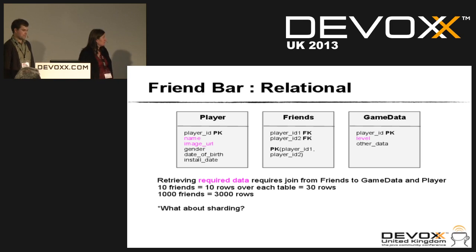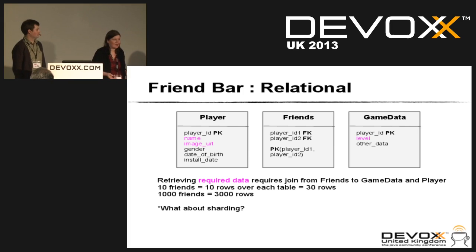So if I want to get all the data for that friend bar, I need to join these three tables. And just looking at it, if you've got 10 friends, over the three tables, it's 30 rows. 1,000 friends is 3,000 rows. And you might think 1,000 friends is a bit ridiculous. I mean, how many friends do people on Facebook actually have?